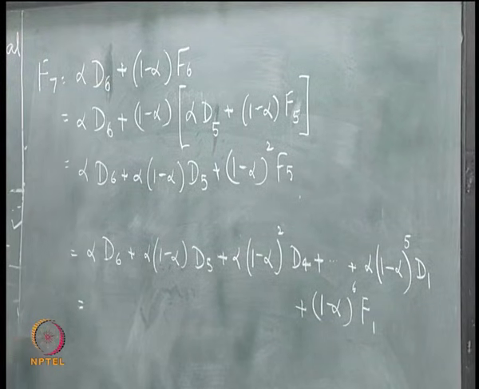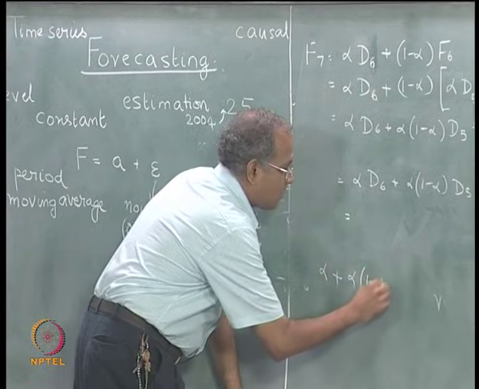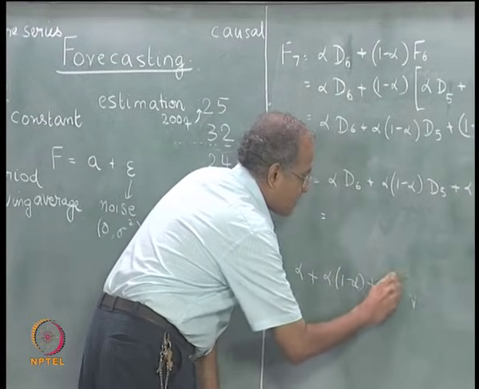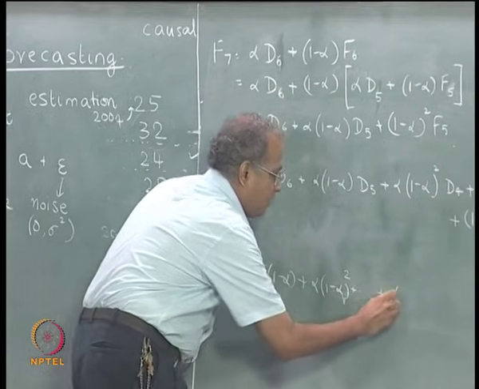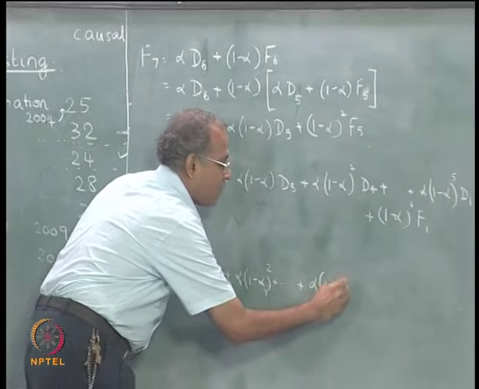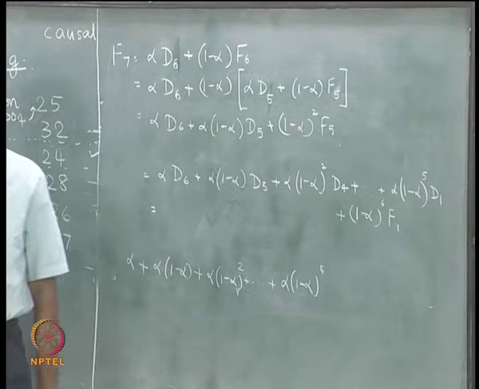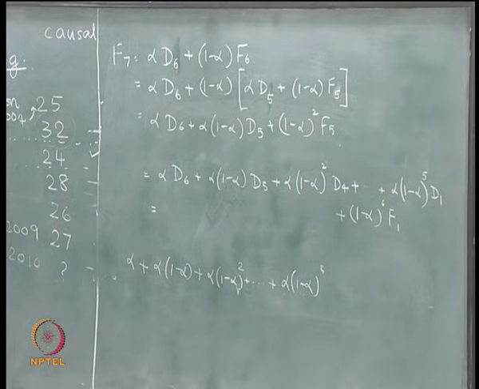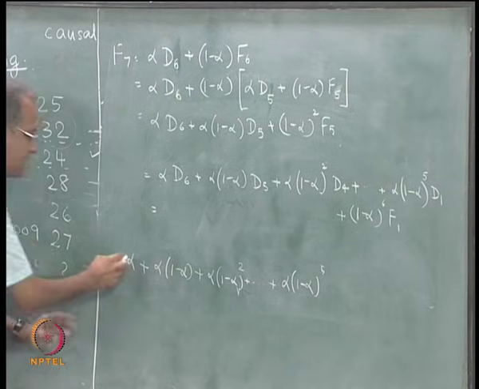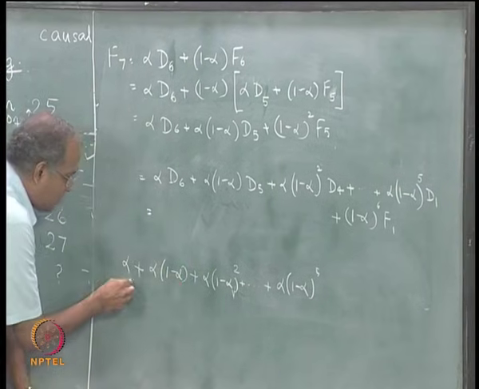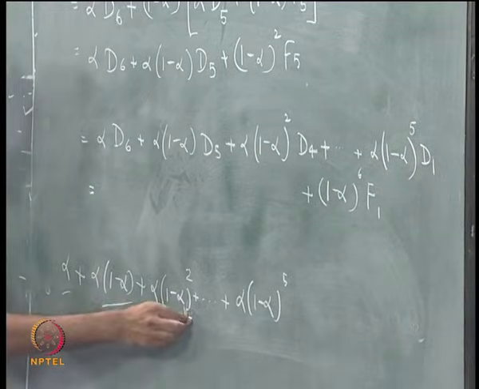The sum of the weights is alpha plus alpha into 1 minus alpha plus alpha into 1 minus alpha square, and so on, up to alpha into 1 minus alpha to the power 5. Now, if we look at these sums, this is one term, this is one term, this is one term, and so on.